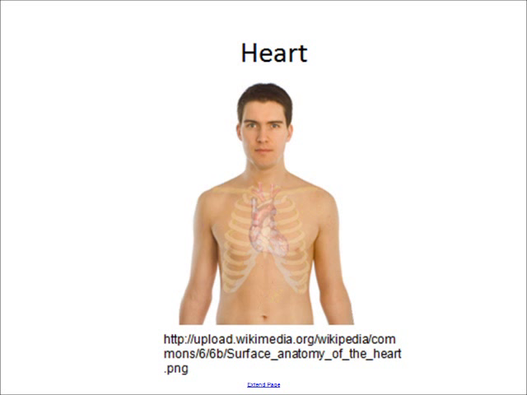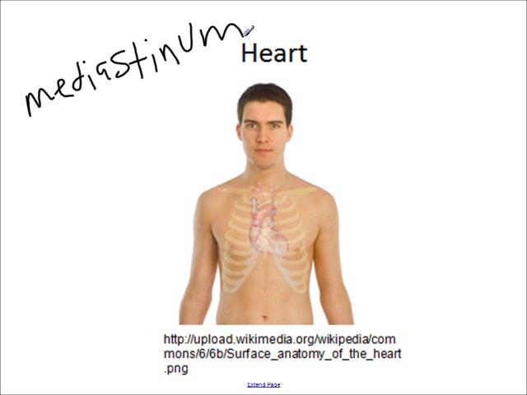So, the heart. The heart is located in an area called the mediastinum. Probably should have written that on here. The mediastinum is basically, I like to think of it as a cavity within a cavity.